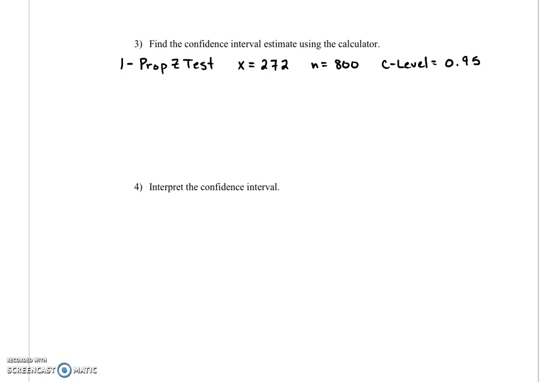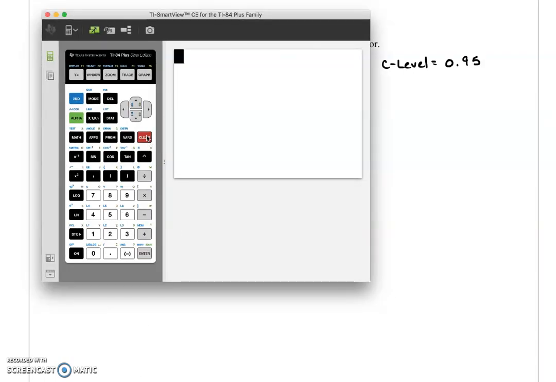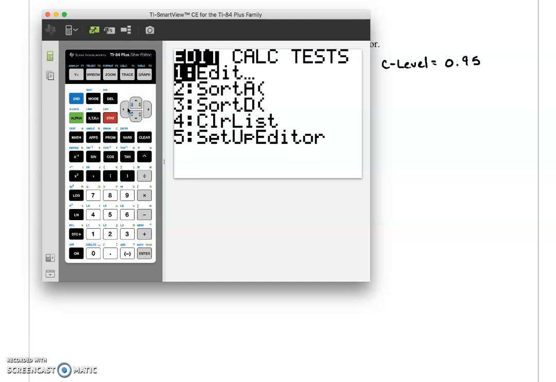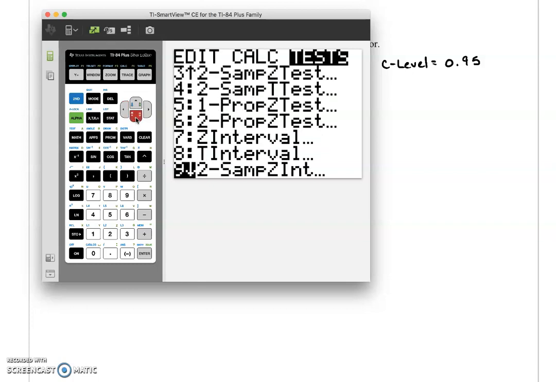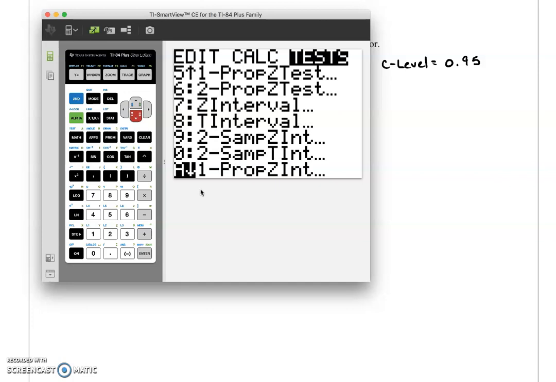Now, let's talk about how the calculator gives us an answer. So we're going to hit Stat. We're going to go over to Tests. And we're going to pick option A, which is pretty far down there: 1 prop z int. Do not get A confused with number 5.